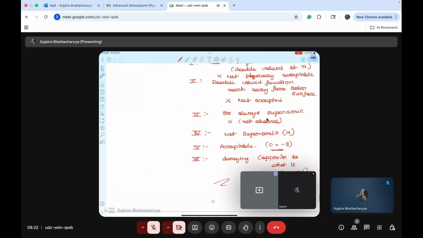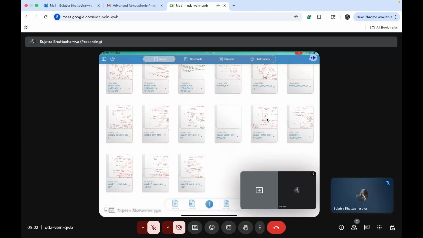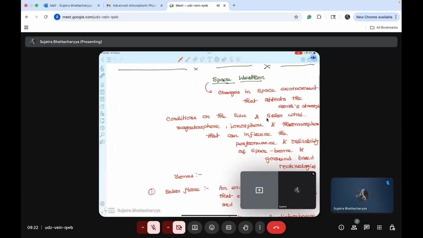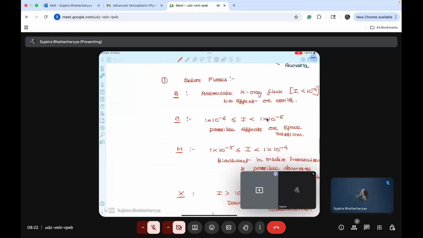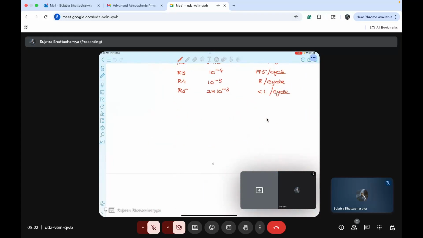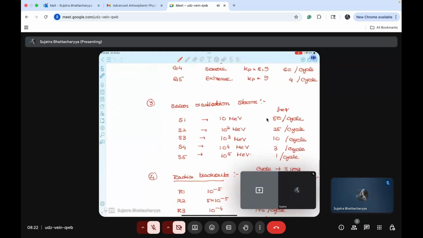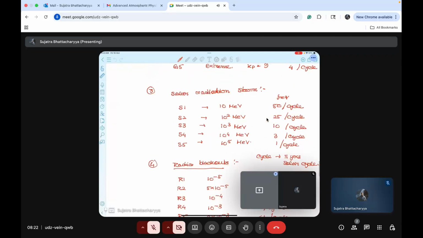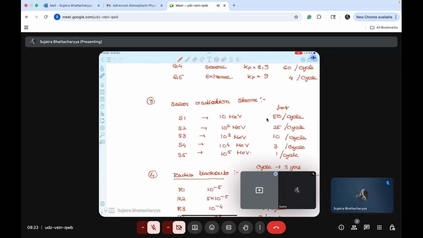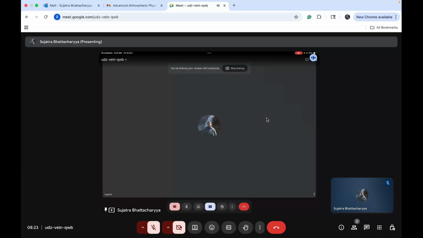And then we headed towards space weather, just a very brief introduction and a couple of types of geomagnetic storm, solar flares, and solar radiation storm. Okay, so with this, I think we can stop today, and we will meet next Tuesday, same time, 6 to 8, and we will discuss the numerical questions and finish the course. Okay, thank you, everyone.